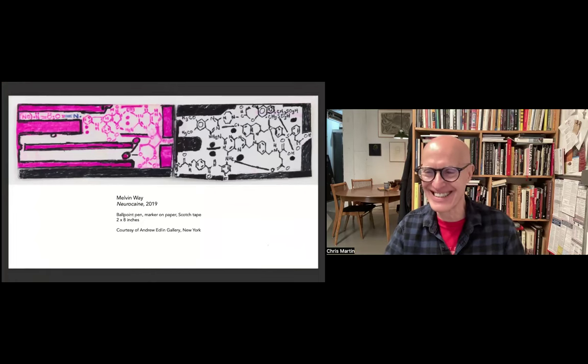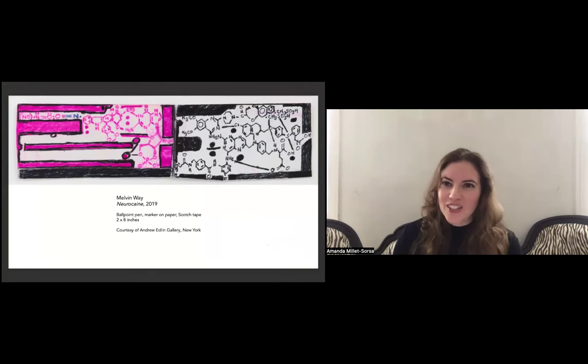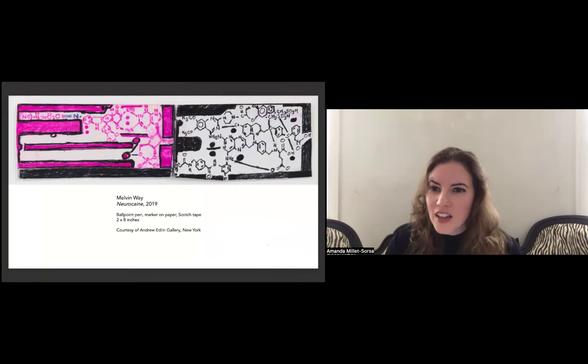Is that helpful? Yeah, no, I love that. You're mentioning Melvin Way. I mean, that's such a great grouping of his works, and they're so incredibly central for what they are of, which is these chemical formulas. And when John and I were looking at them, we were wondering, are these real formulas of things that a chemist would understand?